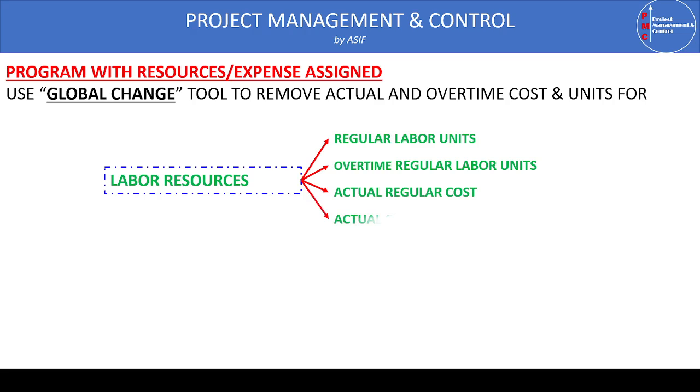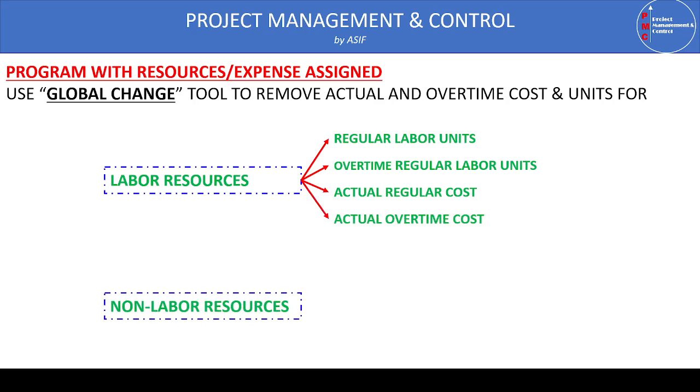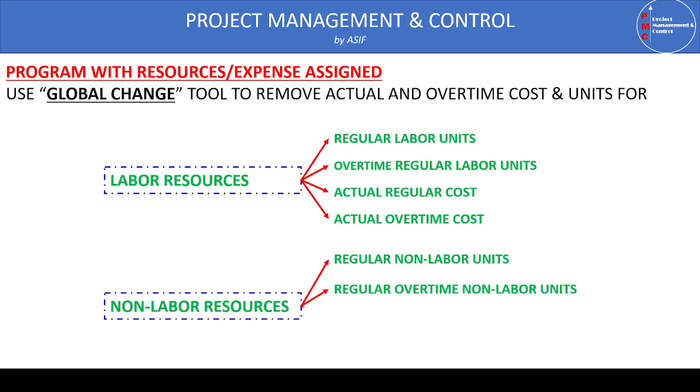Similarly, for the non-labor resources, we have to remove the units and costs for both regular and overtime. As you see on the screen, it shows four items to be removed for labor and non-labor resources, which are units and costs for both regular and overtime.